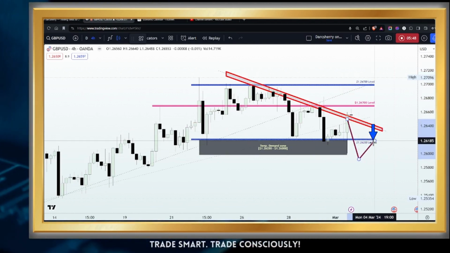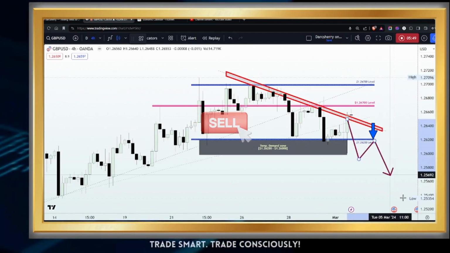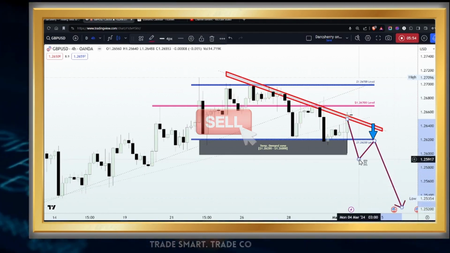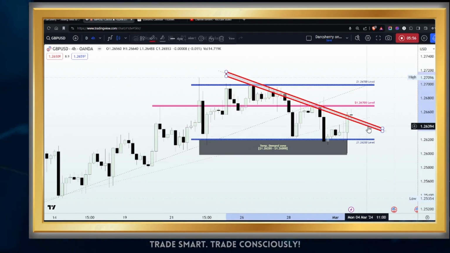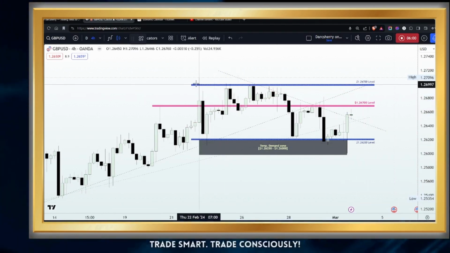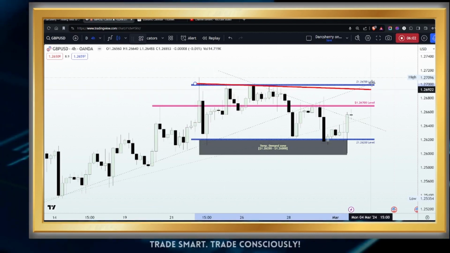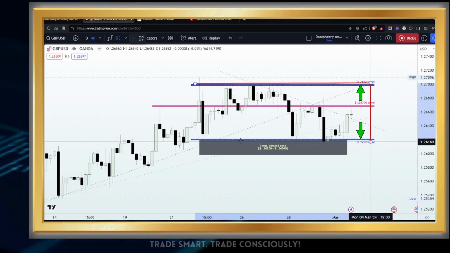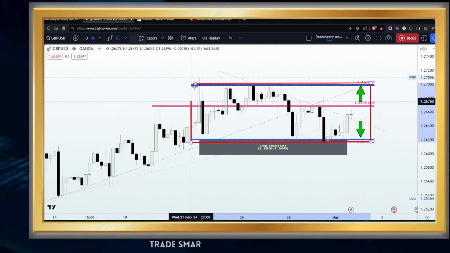So I'm looking at the break of the 1.262 and a potential retest of structure to join that decline to the downside. So our center of focus for this week is going to be basically between the 1.267 and the 1.262, where depending on the direction of the breakout will give us an idea of where price action will be going for this week.